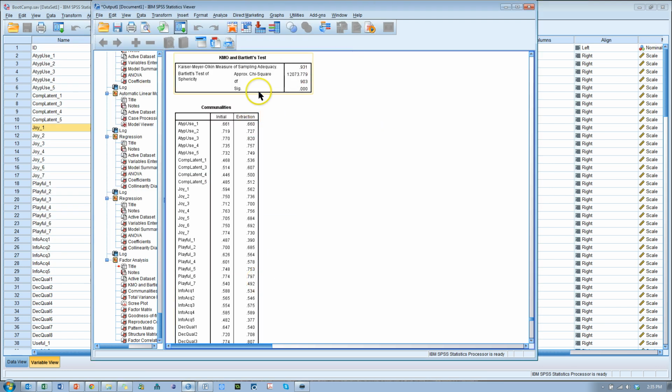Okay. The sig here for the KMO should be significant. That means things are adequately correlated. I've only twice seen it not significant in my life. One time was when the guy ran his study when I told him not to, because he hadn't cleaned out his variables well enough, he hadn't pre-tested it well enough, and he went ahead and did it anyway. And sure enough, he got back garbage.